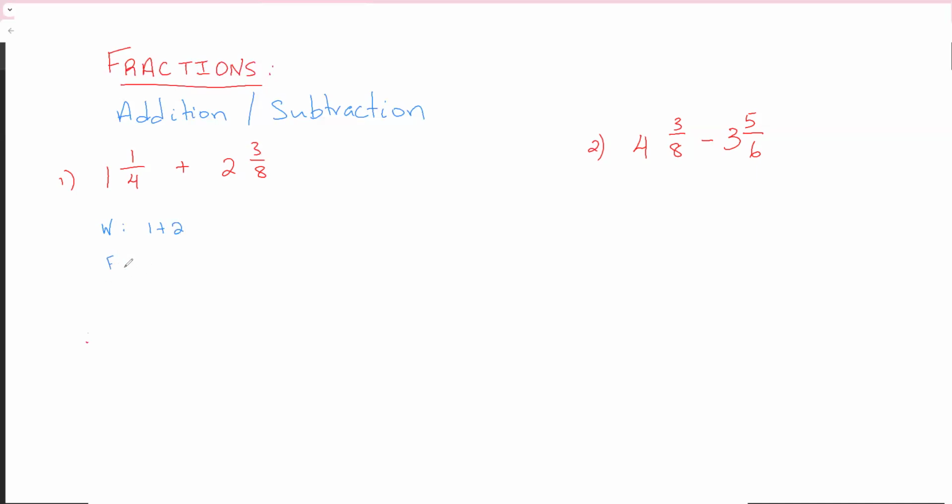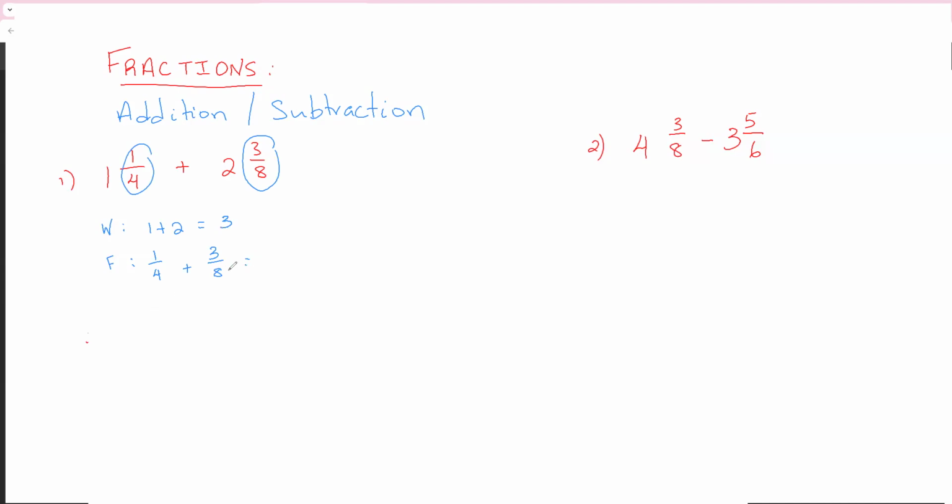And then we're going to take out our fractions. That's 1/4 and 3/8. So we split up our numbers into whole numbers, W for whole numbers, and F for fractions. So we could add them separately. So we're going to add the whole numbers, 2 plus 1, that's 3.